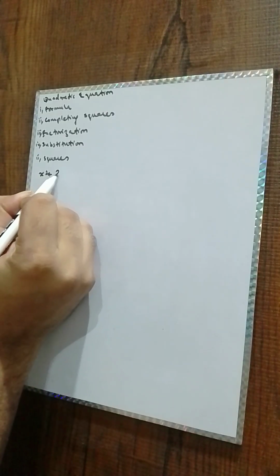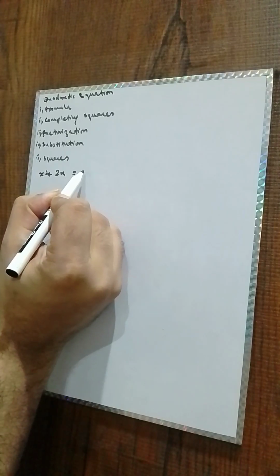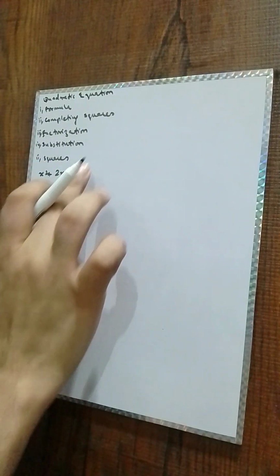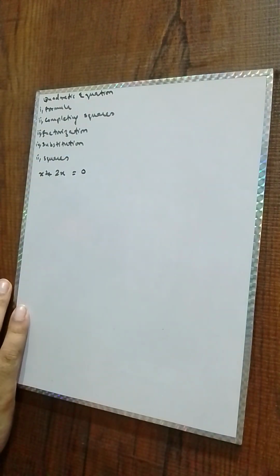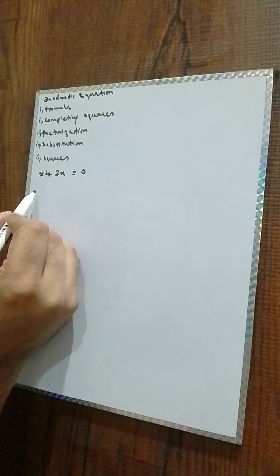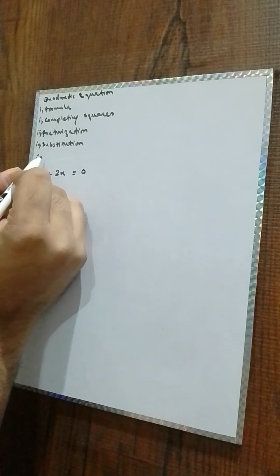For example, x squared plus 2x is equal to 0 for now. Okay, so what we do is we complete the squares.